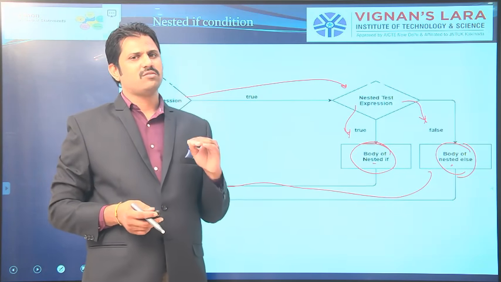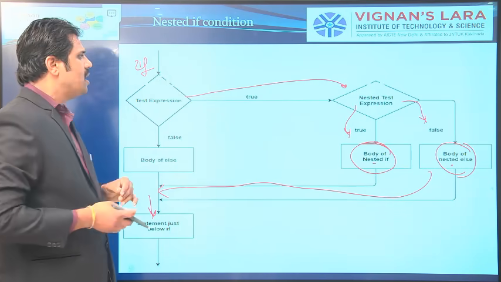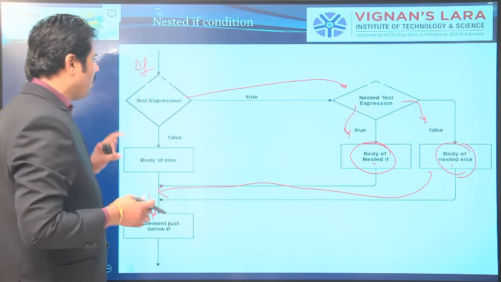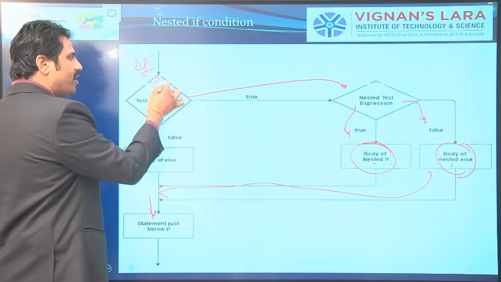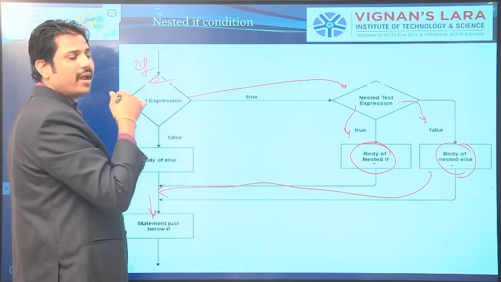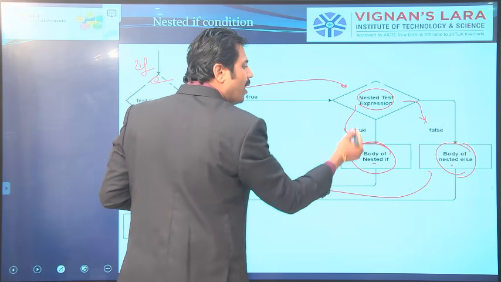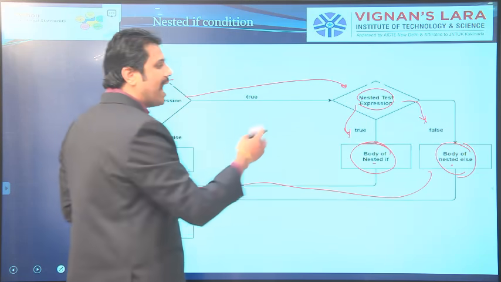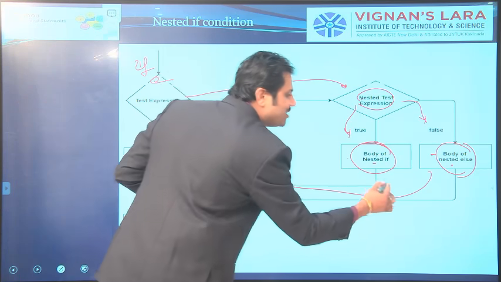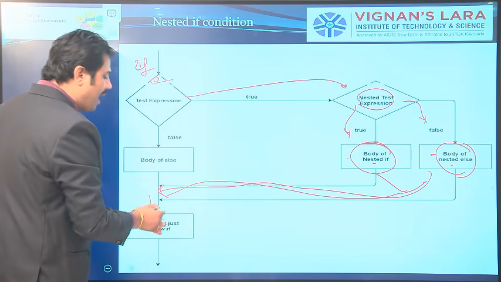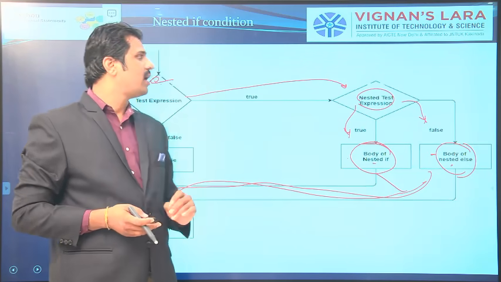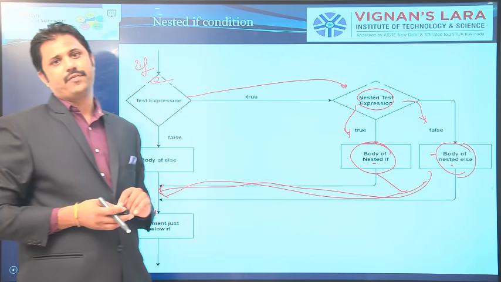You clearly observe, first we have an if statement. If it contains one more if and it is true, it goes with the body of the if, otherwise it goes with the else of the if. Whatever it may be, it comes back again and executes the bottom statements. So this is the nested if condition.